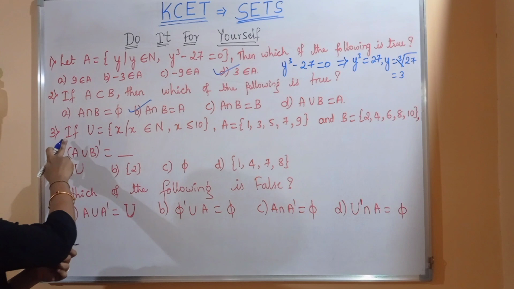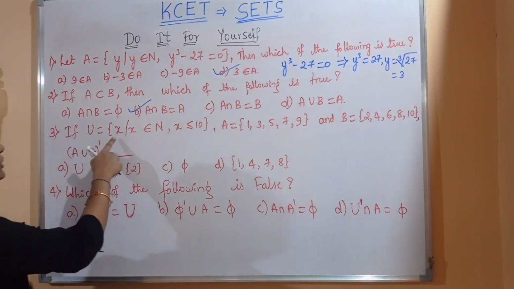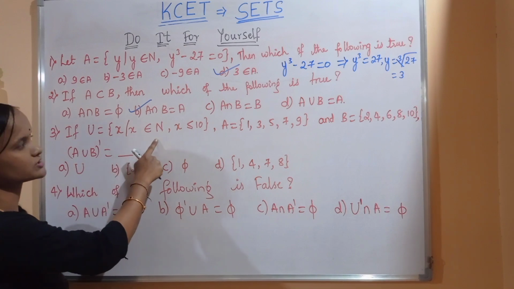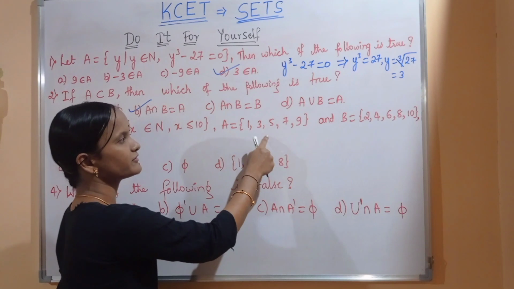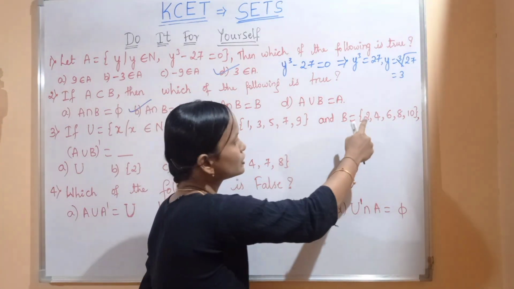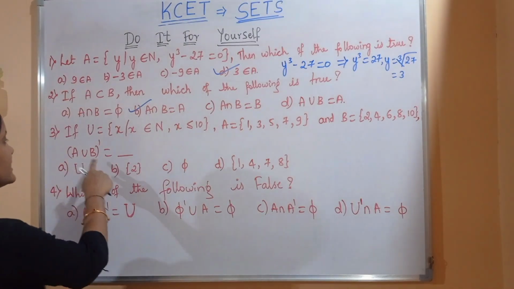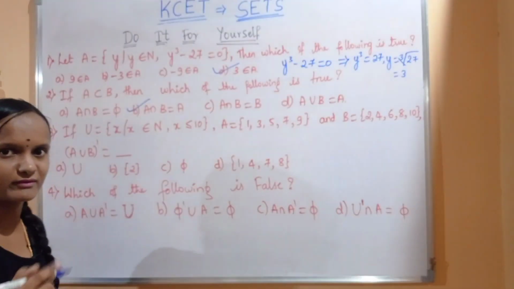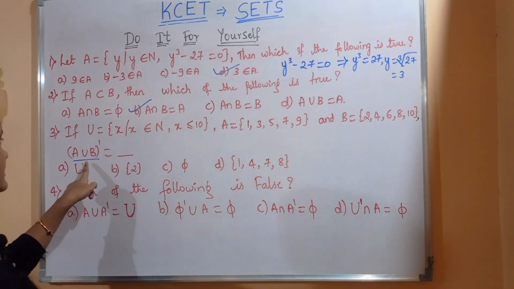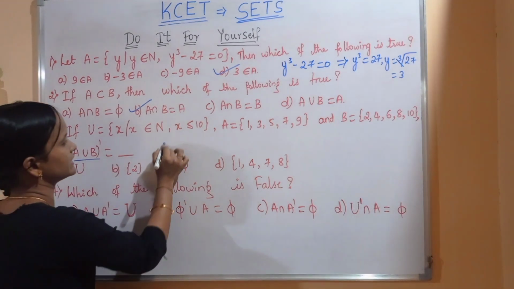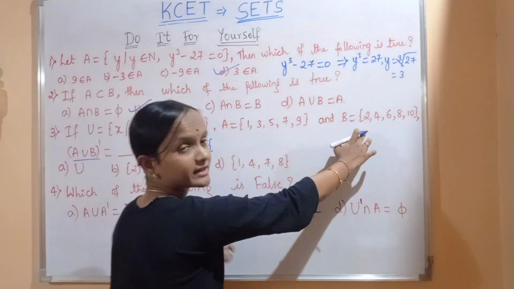So next, the third one: U is the universal set, U is equal to X such that X belongs to natural numbers, X less than or equal to 10, A is equal to 1, 3, 5, 7, 9 and B is equal to 2, 4, 6, 8, 10. A union B complement is equal to what? We have to find A union B complement. So first write down A union B. A and B sets are given here.